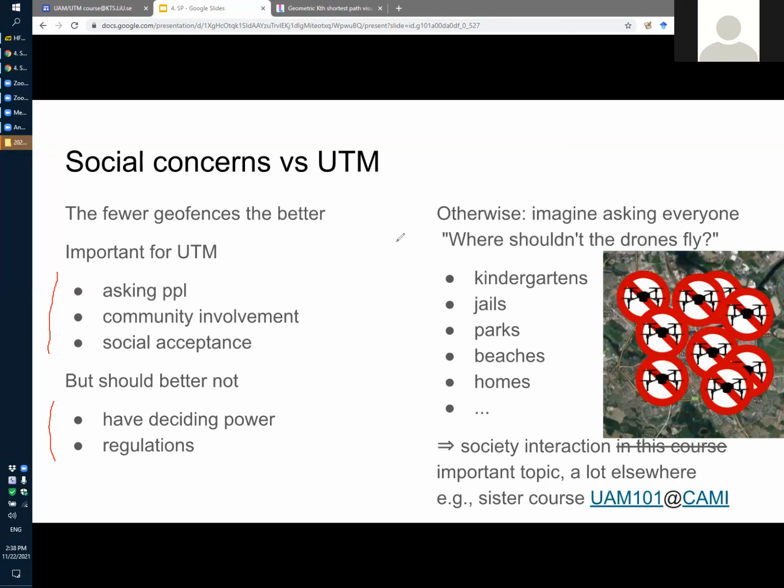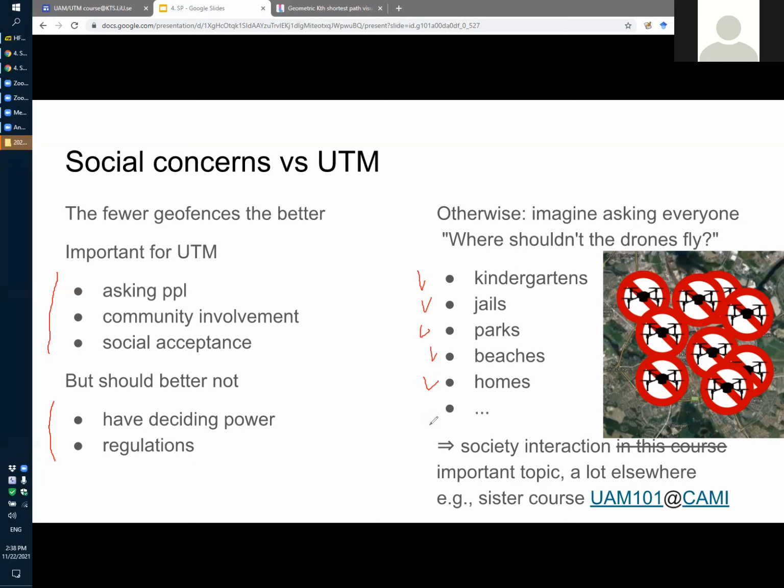I don't know if anybody did this kind of experiment, but I bet that if you ask everybody whether drones should fly, you will get all these reasons for different places why the drones should not fly here and there and so on. You probably will not be able to fly anywhere, maybe some very remote areas, but we do want the drones to fly in urban areas. Urban air mobility is the important thing.